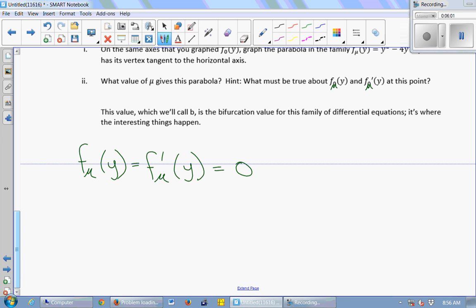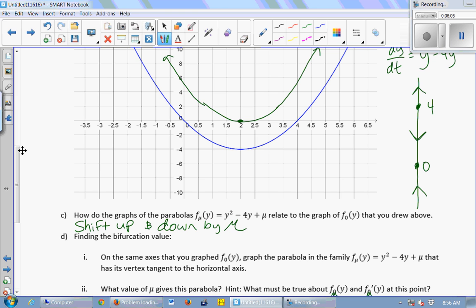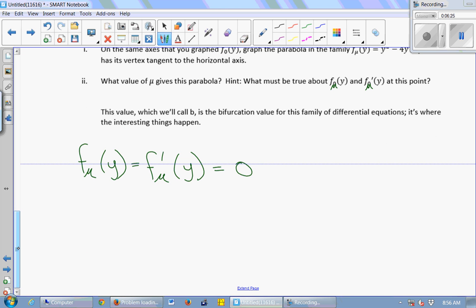Both have to be 0, right? In order for this to be tangent to the x-axis, the derivative has to be 0 there, so that you have the minimum occurring, and the function value has to be 0 there, so that it's sitting right on the x-axis. So those 2 things will help you find the bifurcation value.